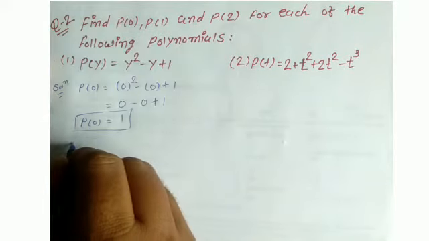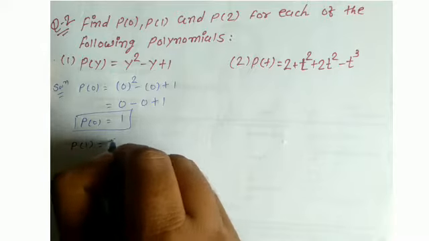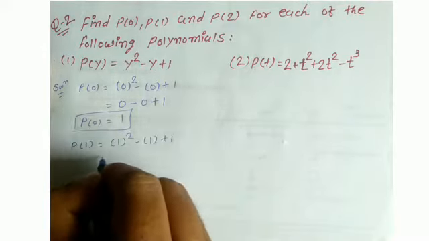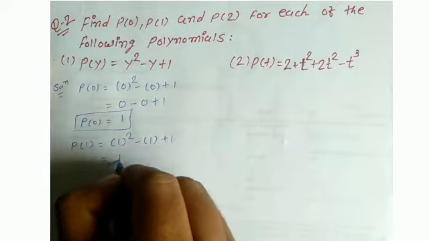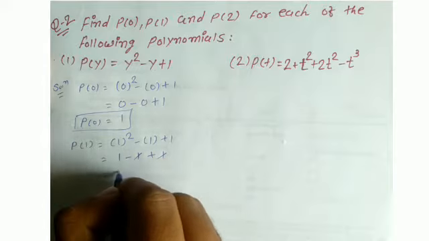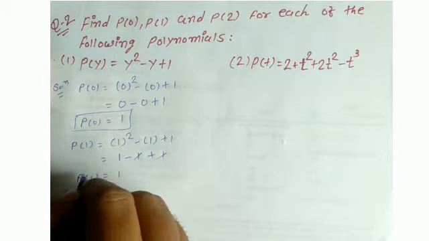Now p of 1 is equal to 1 square minus 1 plus 1, that is 1 minus 1 plus 1. So 1 and 1 cancel out and p of 1 is equal to 1.